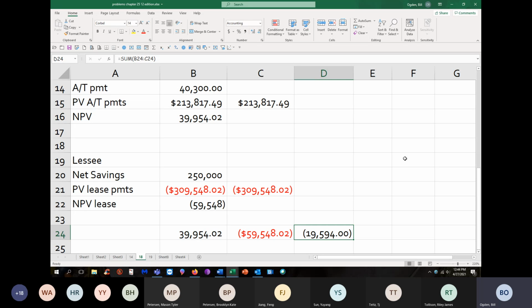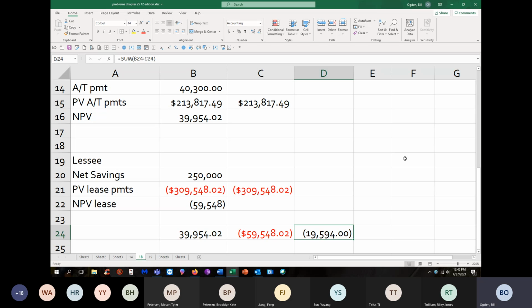The answer is no, because obviously, even if, say, the lessee had an NPV of a minus, say, 20,000, well, that makes this thing a positive NPV. But the lessee still wouldn't accept the lease. So I don't know what this tells you, so why even do it? Just extra work for no particular good reason.